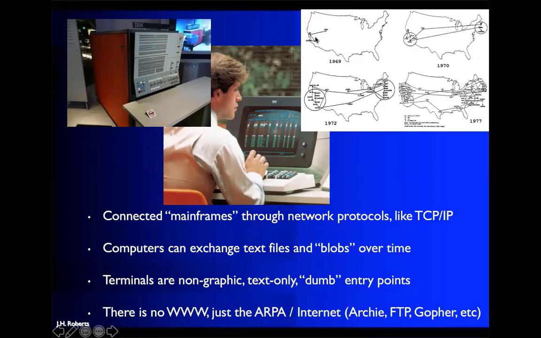So you can see in 1969, there was a connection, and it's hard to see on this small thing, so I'll get you a bigger one. There was a connection between Utah, Stanford, UCLA, and one more in California. And that would have been a mix of IBM mainframes and DEC PDP mainframes. By 1970, look, they had put wires down to connect the East Coast.